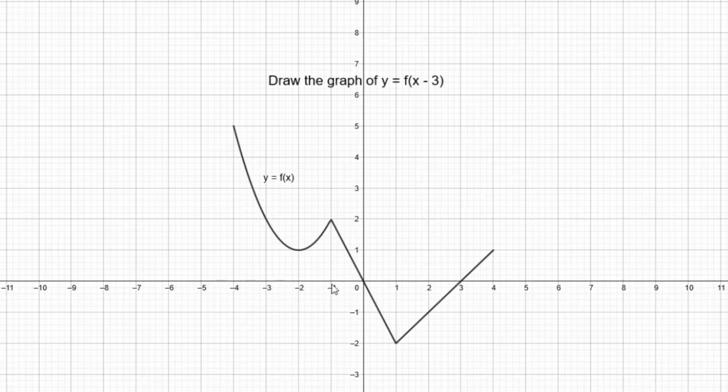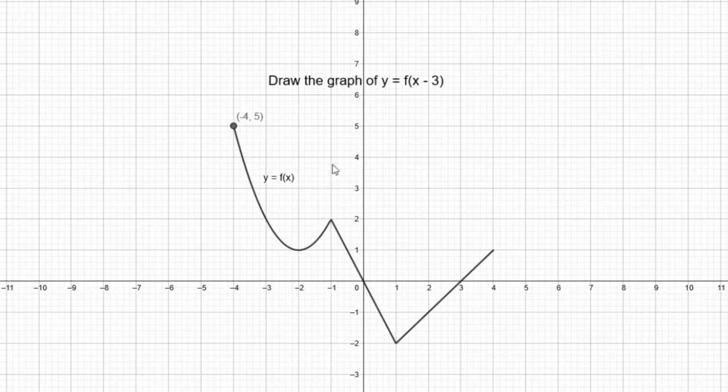But when it comes to plotting a point above -1, I would have to investigate f of -1 minus 3. Oh, that's f of -4. And I do have a point on the original curve plotted above -4. There it is. That would be the point (-4, 5). So now I know what to plot above -1 on the new curve. It's the value of y when on the original curve we had an x of -4, and that value is 5.